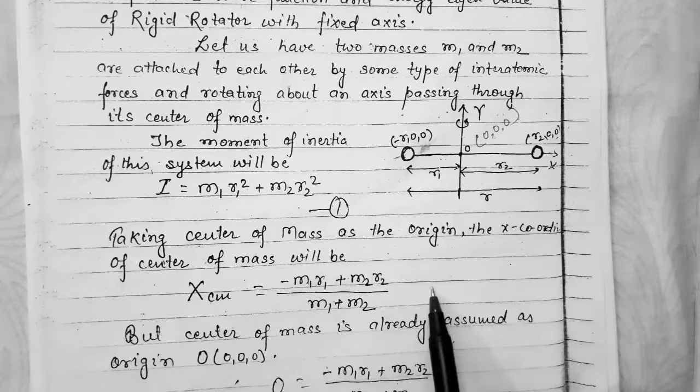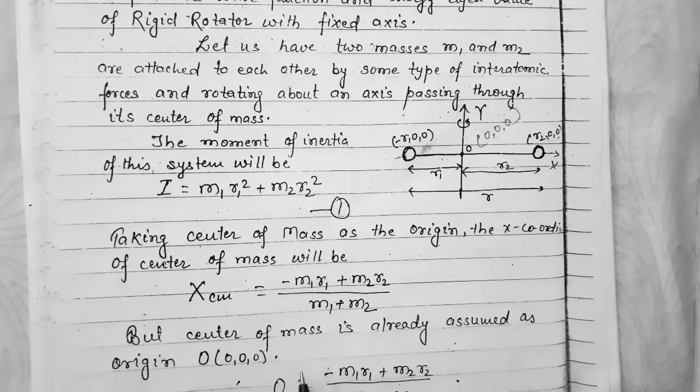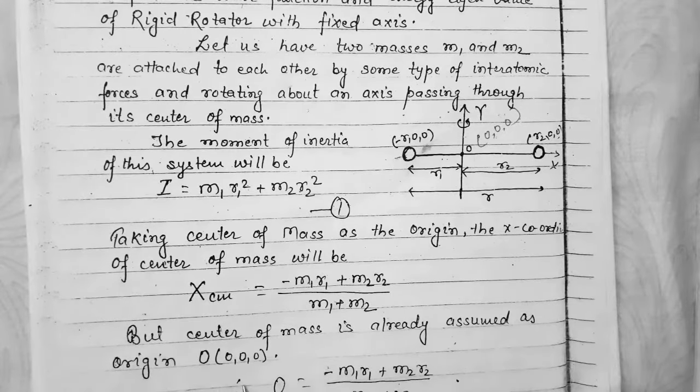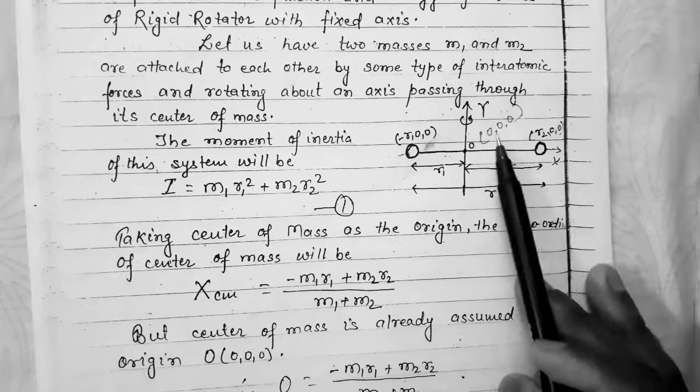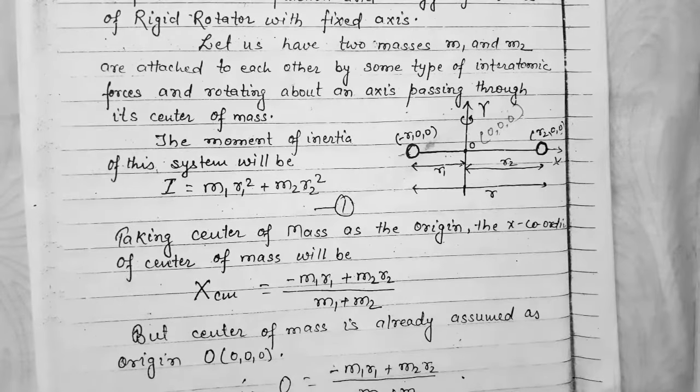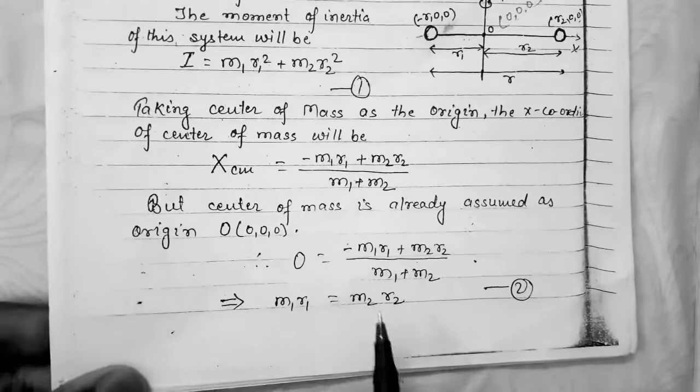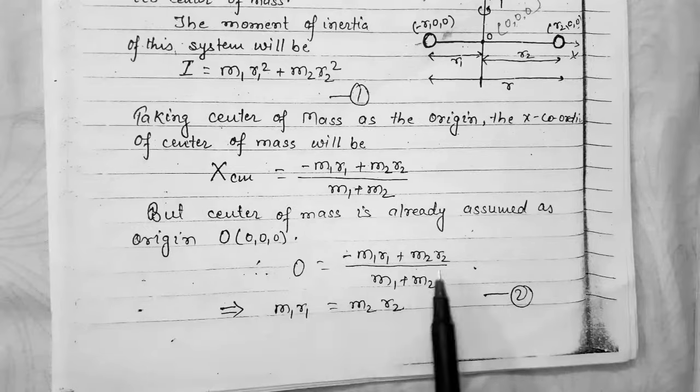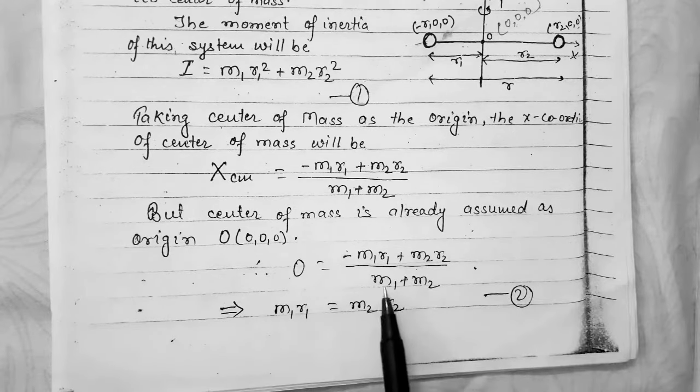This is quite simple, and since the center of mass is already assumed to be 0, this term has to be 0. Further simplifying the equation, we get m1 r1 equals m2 r2.